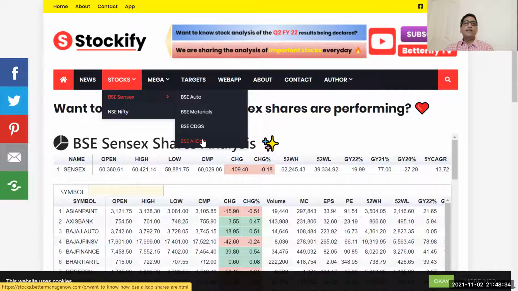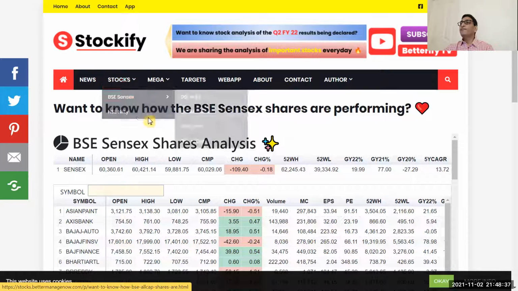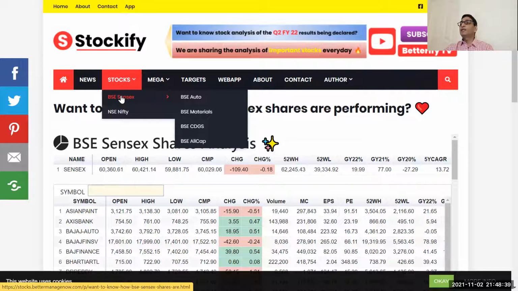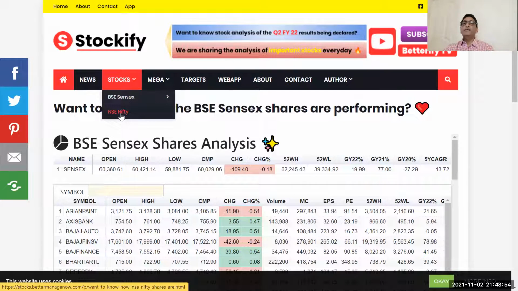Like that, every day we are introducing reports. So you have something called a report on all Sensex components. That is, Sensex consists of 30 shares, and it's a main index to gauge how the market is actually performing. Same way, Nifty is of 50 shares.